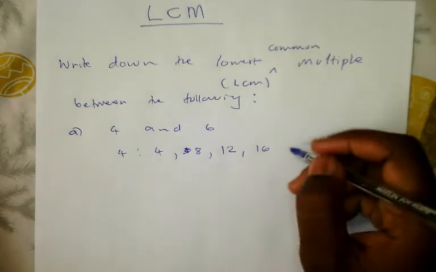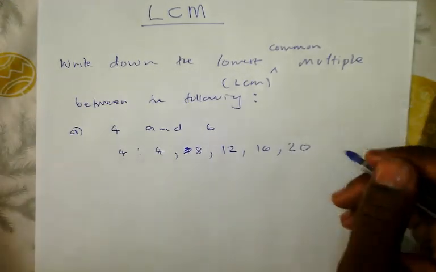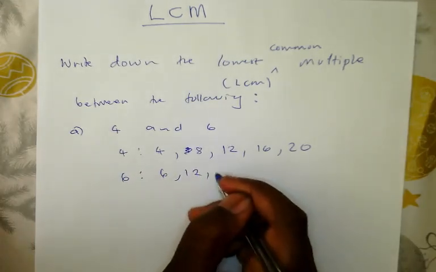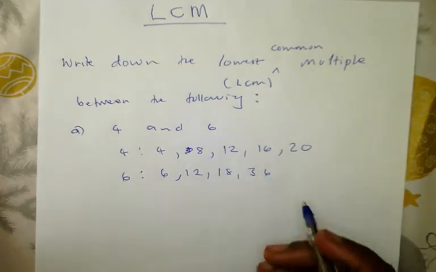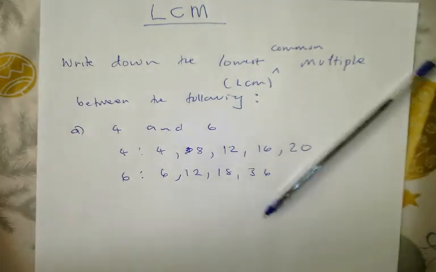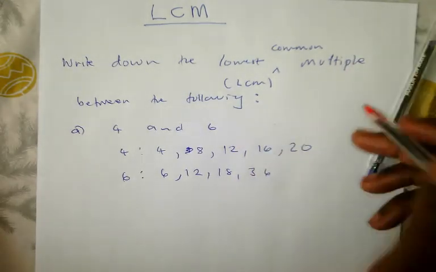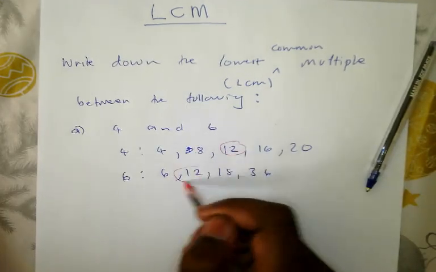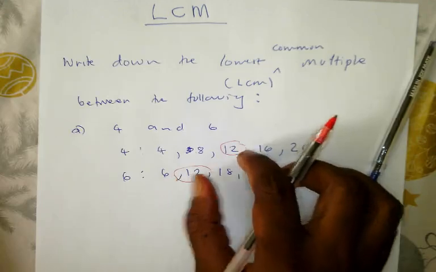Okay, I'm going to wait there. Go to 6. The multiples of 6 are 6, 12, 18, 24. So the first number that appears in both of these is going to be the lowest common multiple. 4 doesn't appear, 8 doesn't appear, 12 appears. That's the first common number to appear.